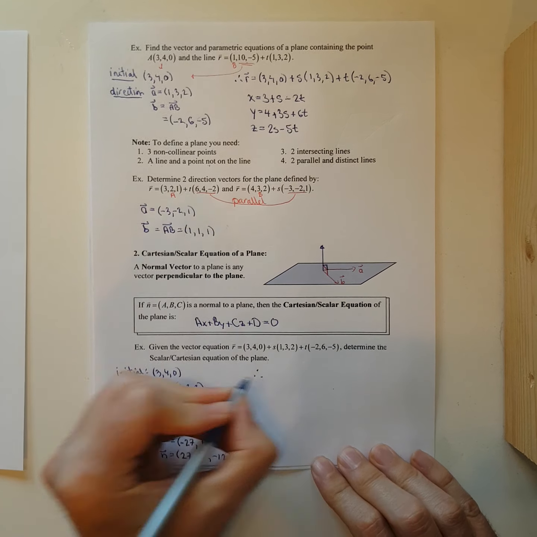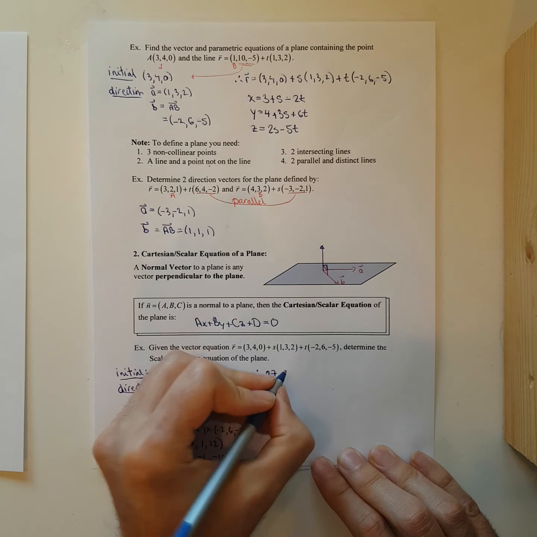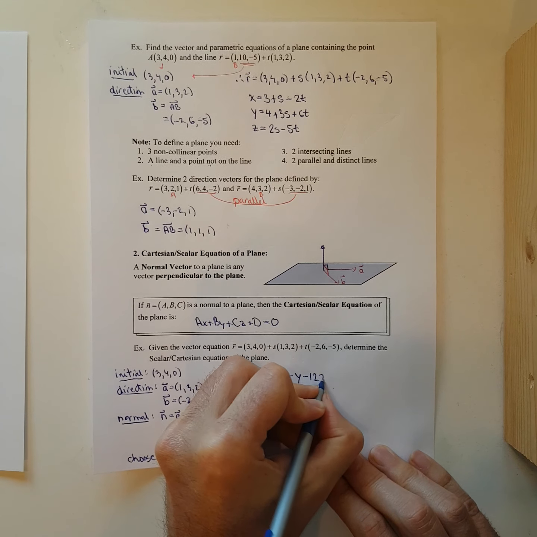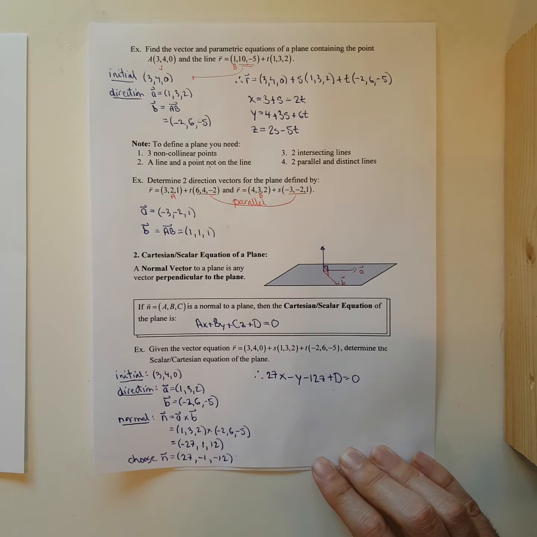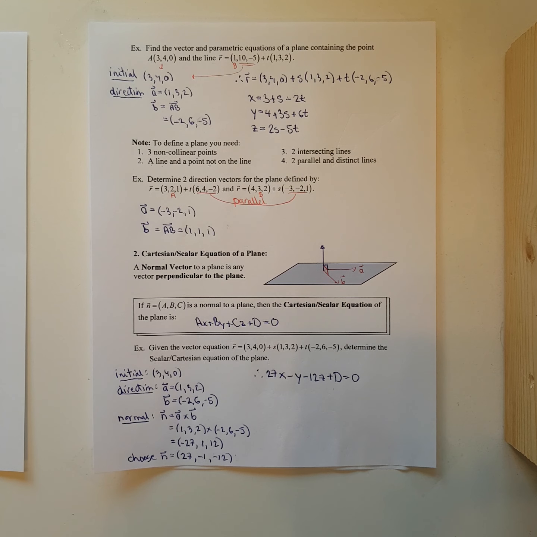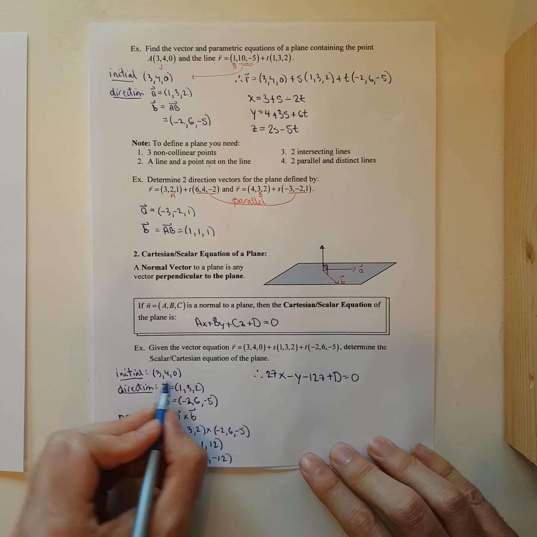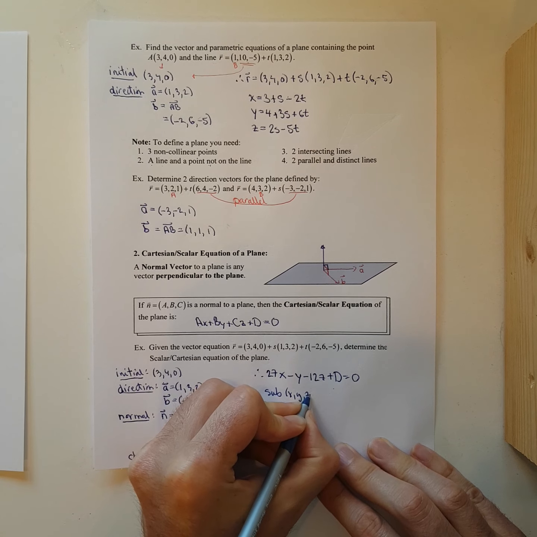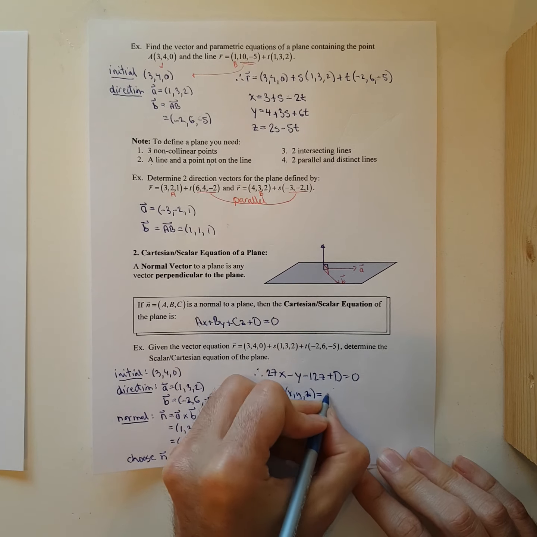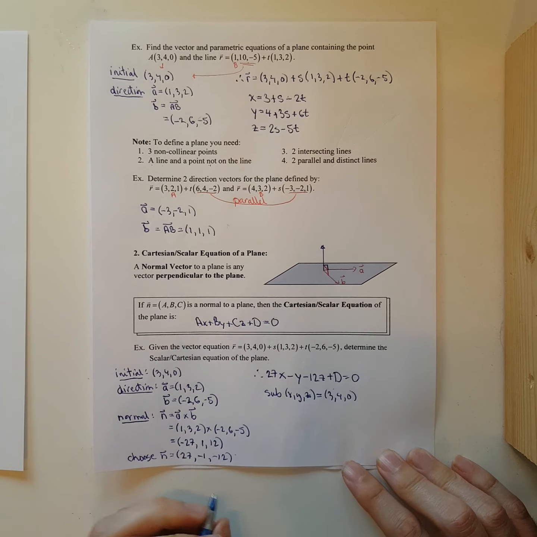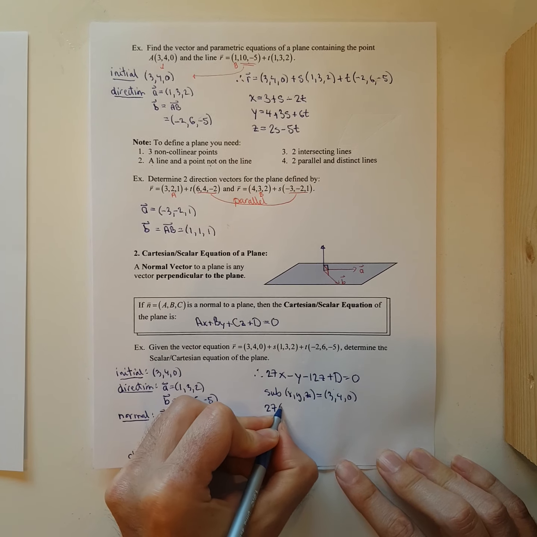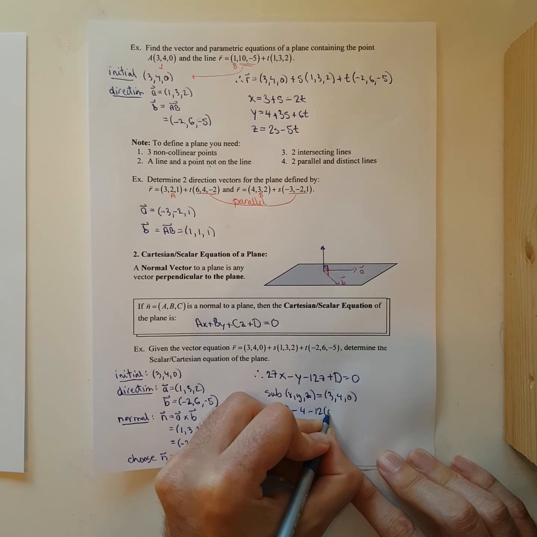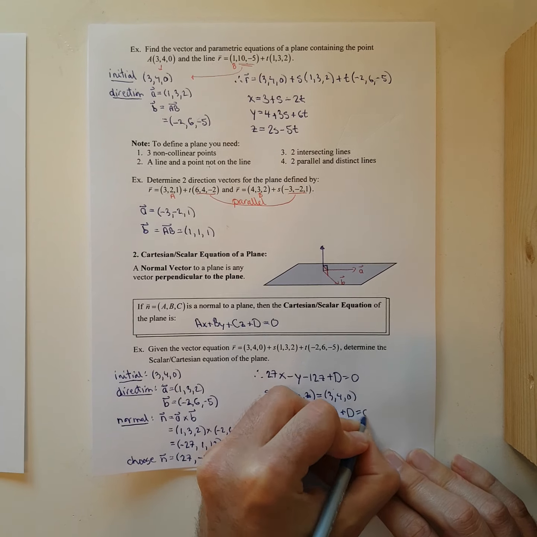If we fill that into our equation, we would then have 27x minus y minus 12z plus d equals 0. Very similar to what we did with the Cartesian equation for a line, I now have an initial point that is sitting on this plane, so we can sub in x, y, z as 3, 4, 0, which would give us 27 times 3 minus 4 minus 12 times 0 plus d equals 0.